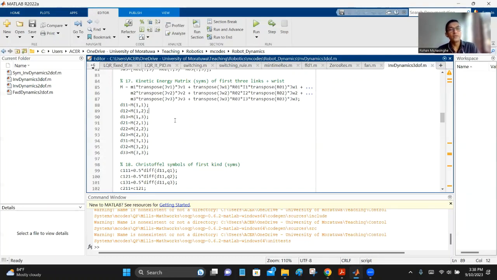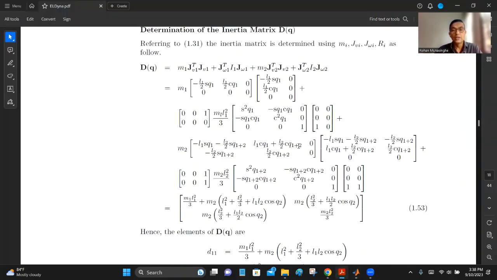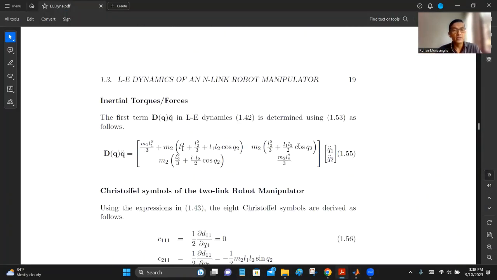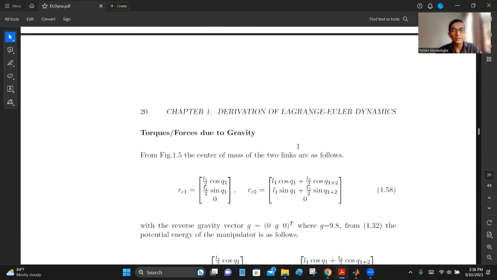And immediately after that, once you have the matrix M, I would change this label to capital D, then you understand it is D. So D11, D12, D13, all of the elements in that matrix are already known, but in symbolic format. Then you can calculate the Christoffel symbols, everything that we have derived for the three-link manipulator.